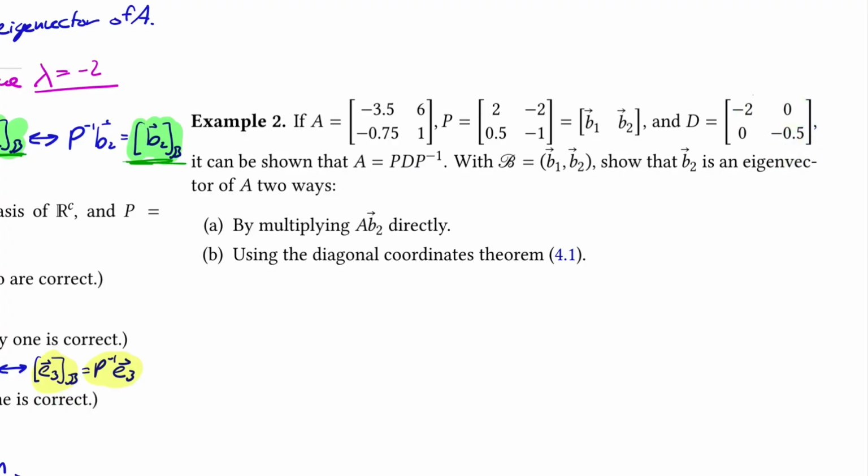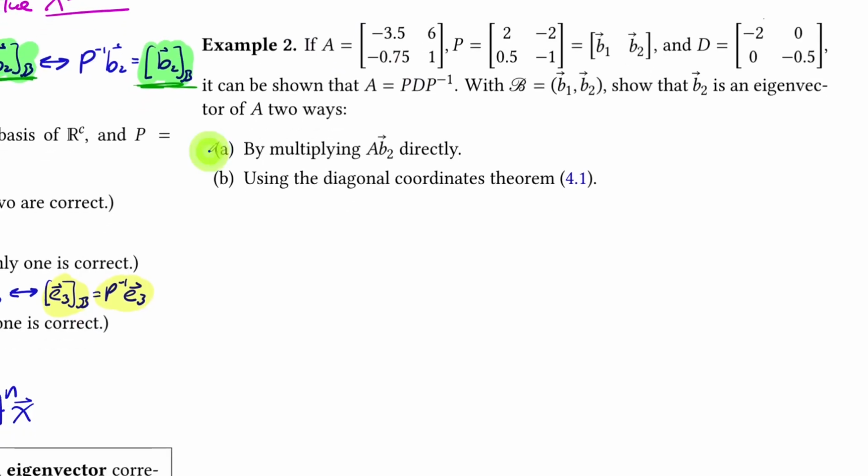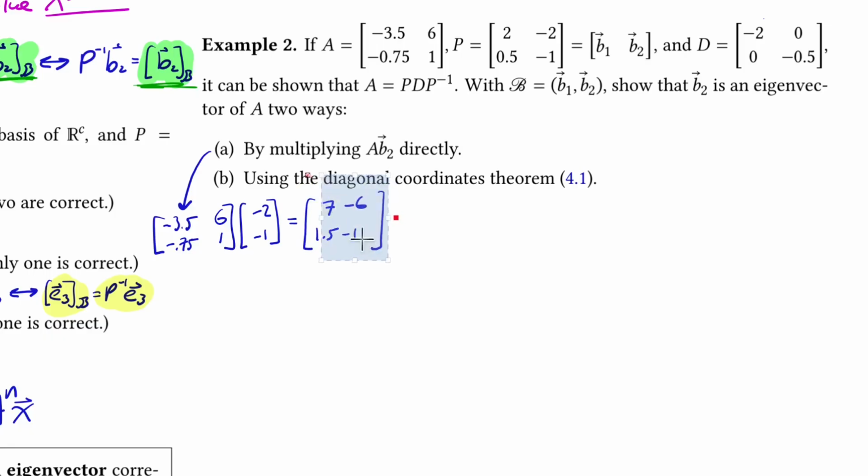So we're going to show that b2 is an eigenvector of A two ways. The first way is just going to be by multiplying A times b2 directly. And we could just multiply it the regular way, like so. So the result of doing A times b2 is over here, this 1, 0.5, that is -1/2 of b2.